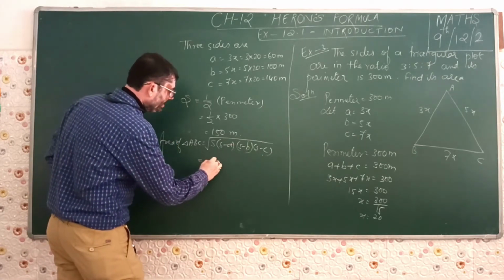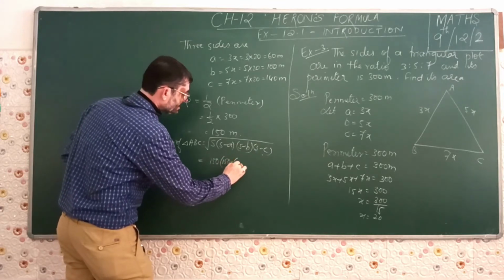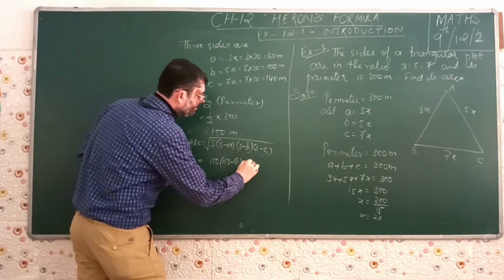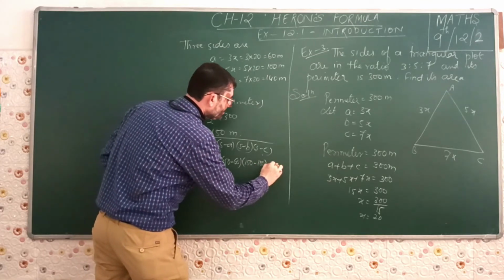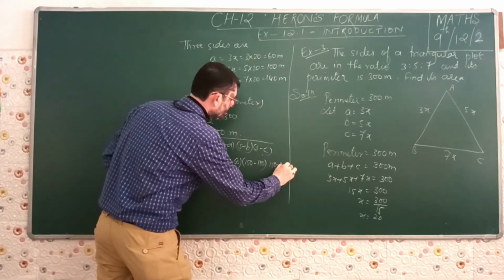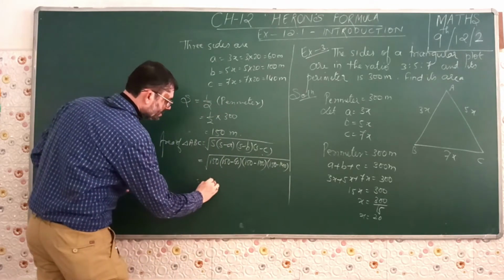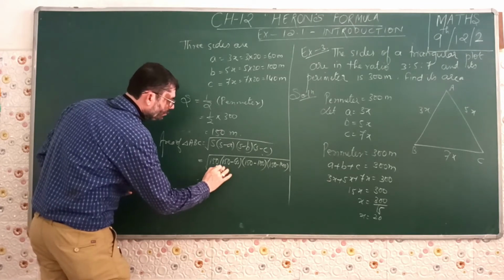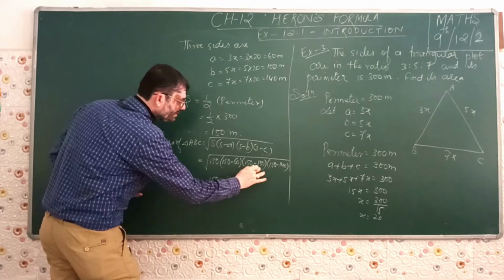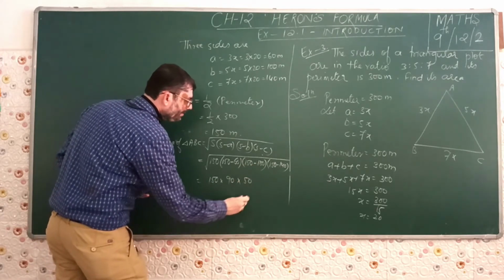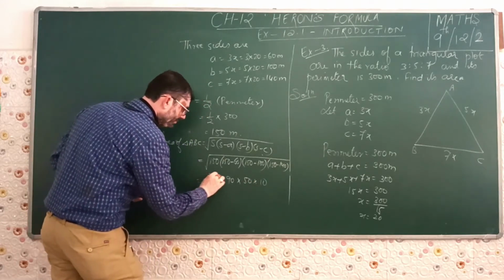So let us simplify. S was 150, and this is 150 minus 60, again 150 minus 100, again 150 minus 140, all under root. So this is 150 into 90 into 50 into 10.